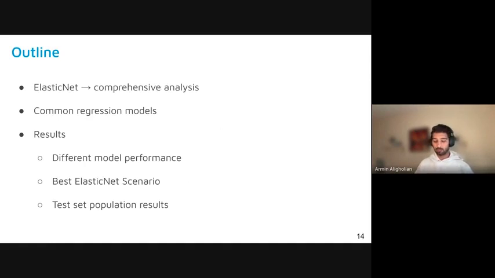At the end, we're going to show a couple of plots, which I think are the most important part of this presentation in the hourly section. Basically, we're talking about the population result from different points of view of how the elasticnet model is performing compared to the current hourly model.